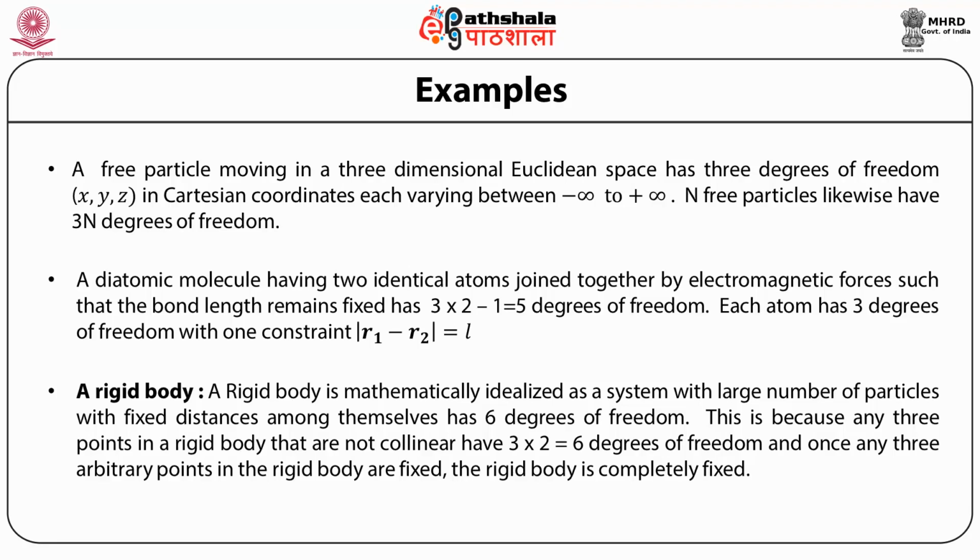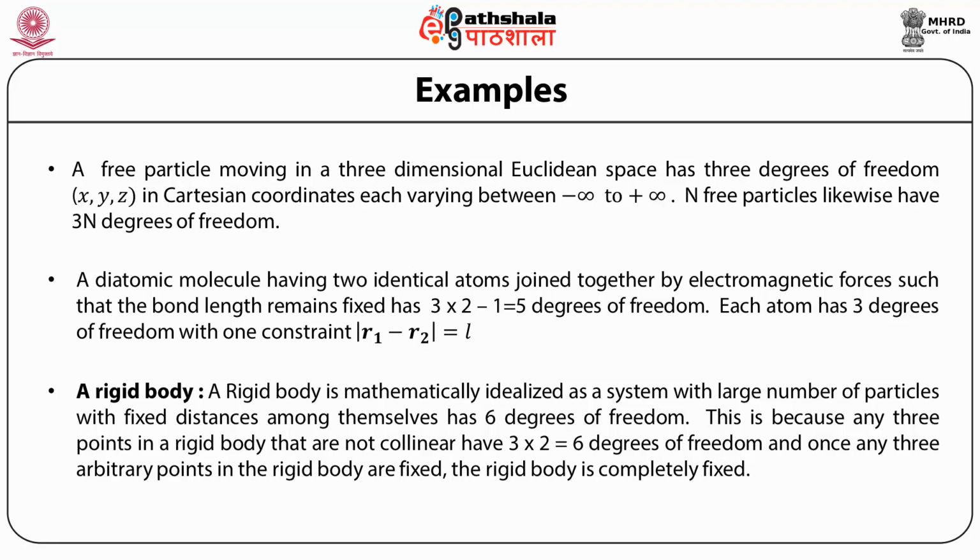So, how many coordinates are required to fix the orientation and position of a rigid body? Now, see that if you fix 3 points in a rigid body which are not collinear, we know that any 3 points in space constitute a plane.